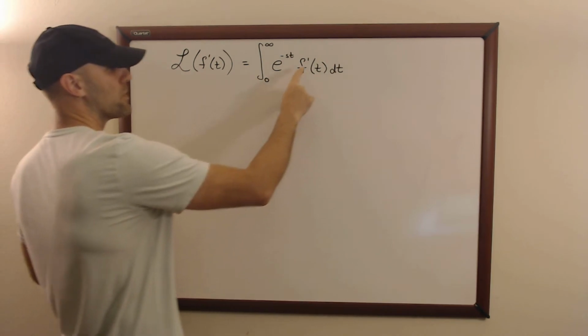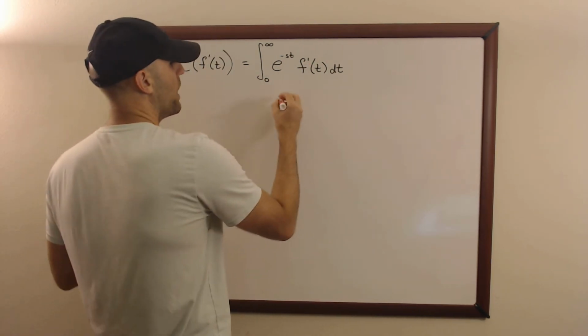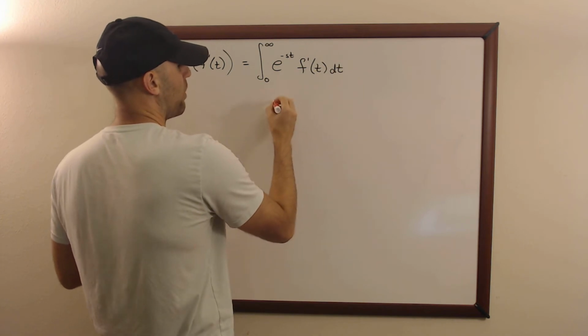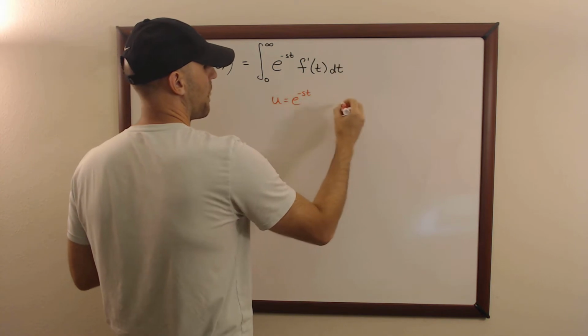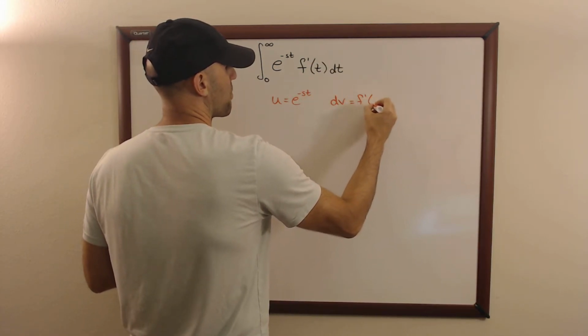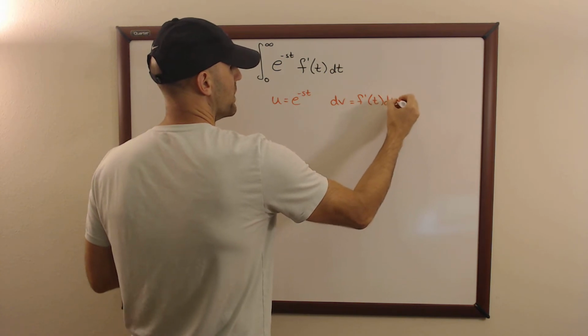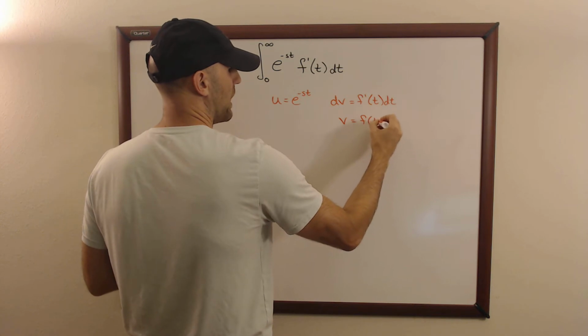In fact, the only difference is that prime is there. But what if I do integration by parts, and I call u e to the negative st and dv f prime of t dt? The remaining parts here, v would just be f of t.